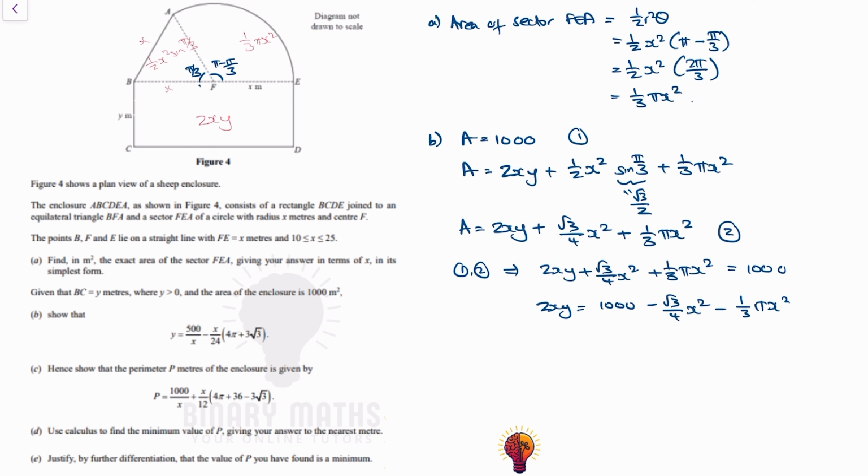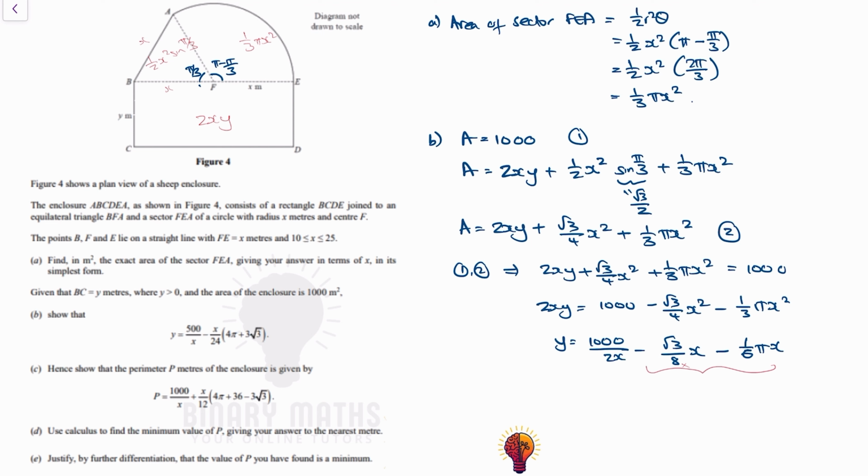If I divide by 2x, I get y is equal to 1000 over 2x minus root 3 over 8 x minus a 6th pi x, because when you divide the bottom by 2 you double it, and we're dividing by a factor of x. Okay, so we need to combine these two.